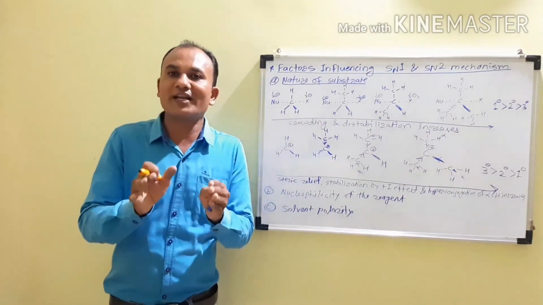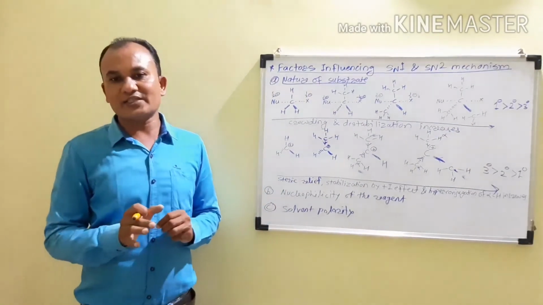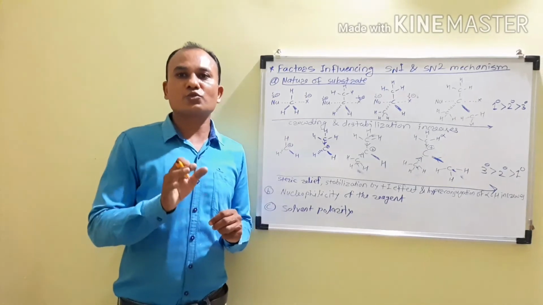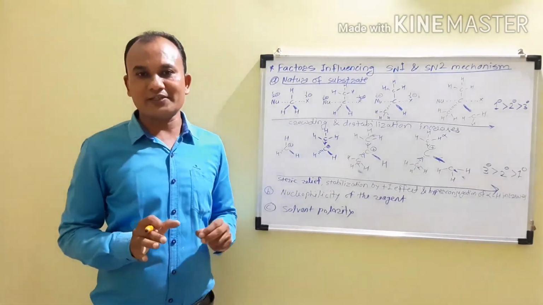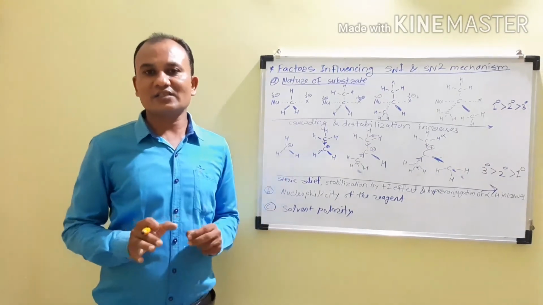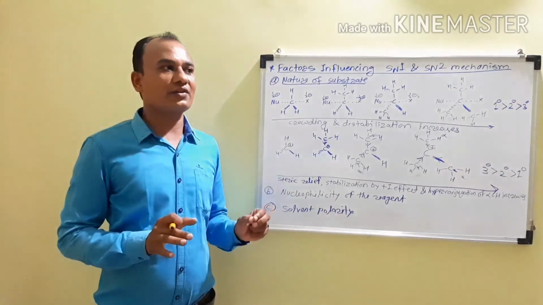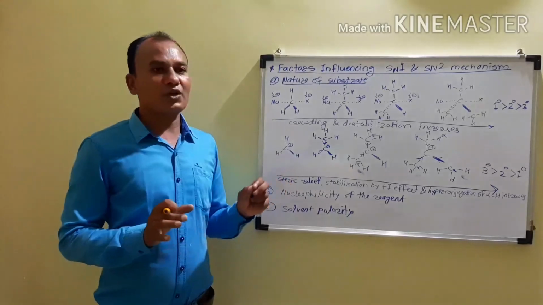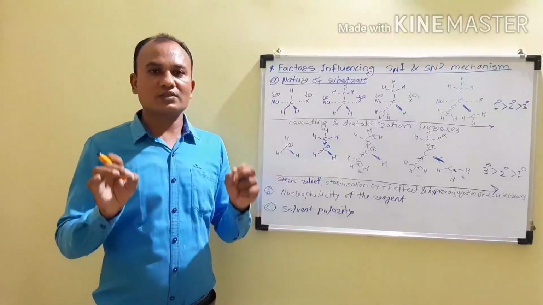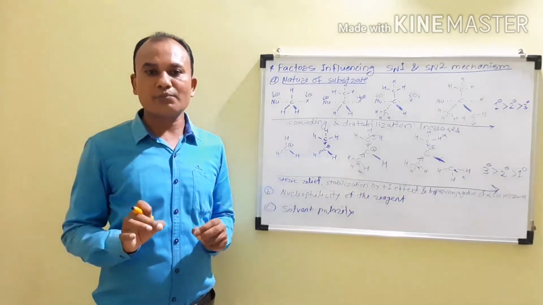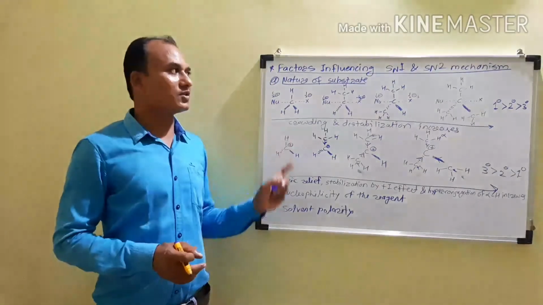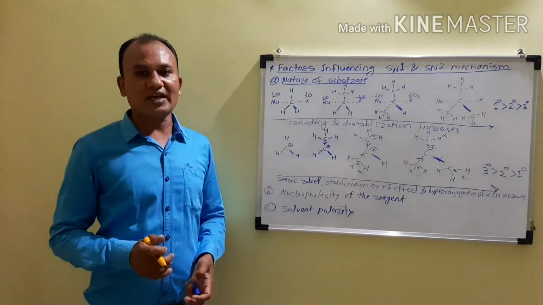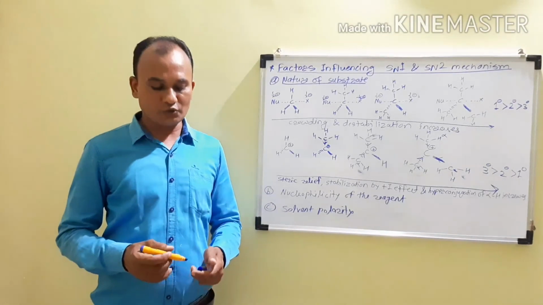Therefore we can say that the polar protic solvent does not favor the SN2 mechanism because it stabilizes the nucleophile. So these are the factors which affect the SN1 and SN2 mechanisms.